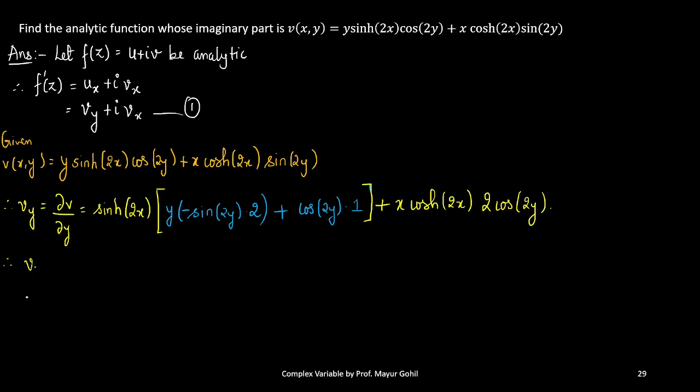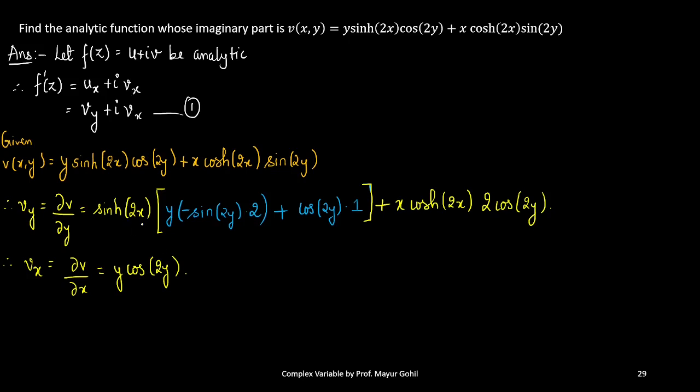Now let us find the derivative for vx, that is ∂v/∂x. What we are going to get is y cos 2y is constant.